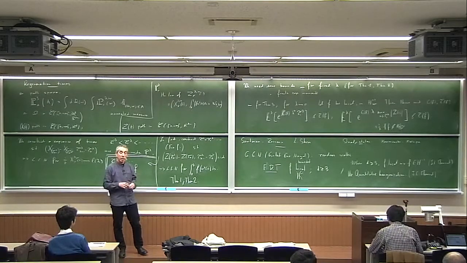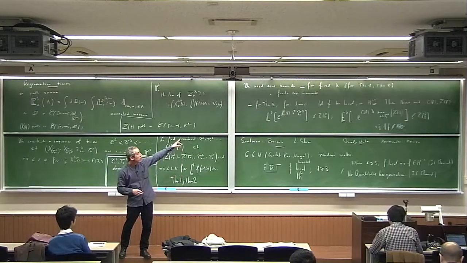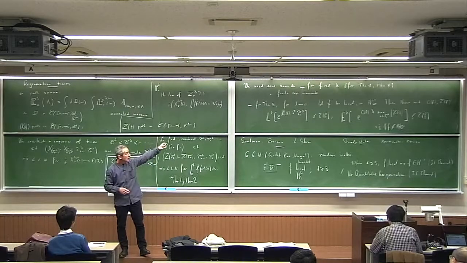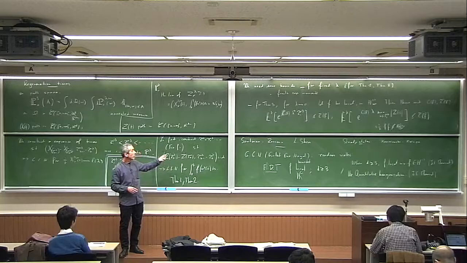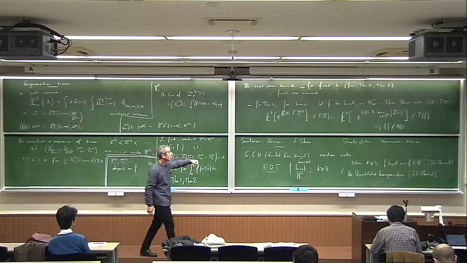So you have to be a little bit careful. I was a little bit too quick. I just wrote finite exponential moments, but these finite exponential moments depend on F, and you have to be sure.